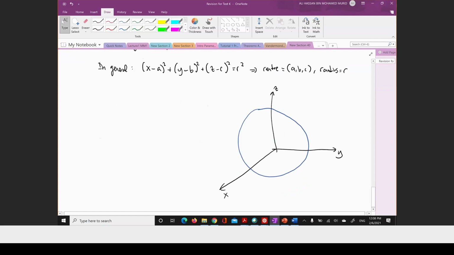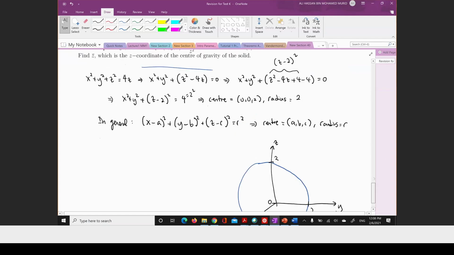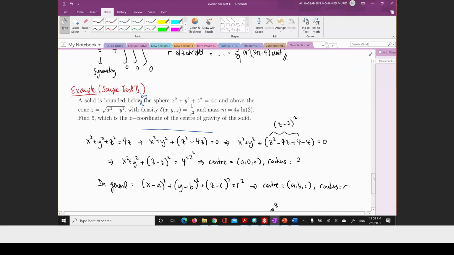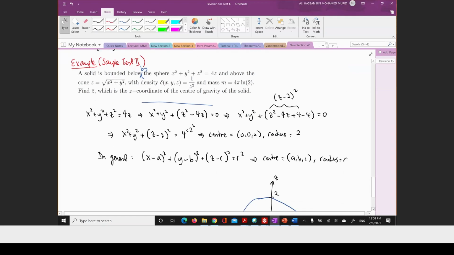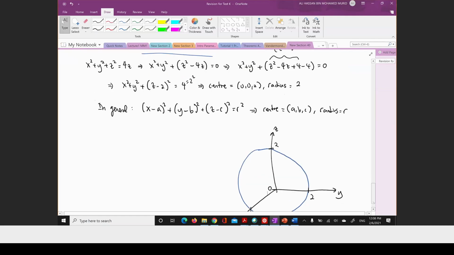Radius 2 here. What is the other object? The other surface is a cone. You should know all these common surfaces here. z equal to square root of x squared plus y squared. It's a cone that opens upward.